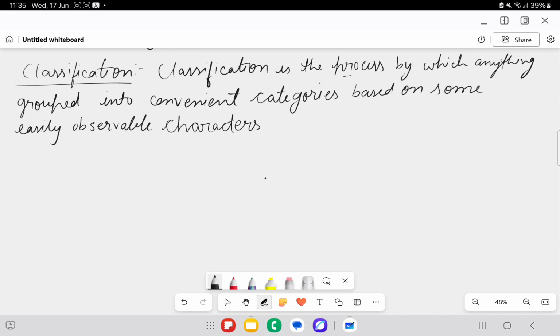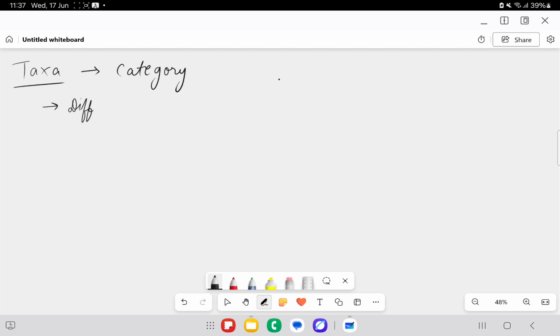It may be morphological, anatomical, and within the group plant they are also classified into different groups, and in animals these are classified into primates, non-chordates, chordates, like this. So classification is a process by which we put animals and plants into different groups on the basis of their characteristics.